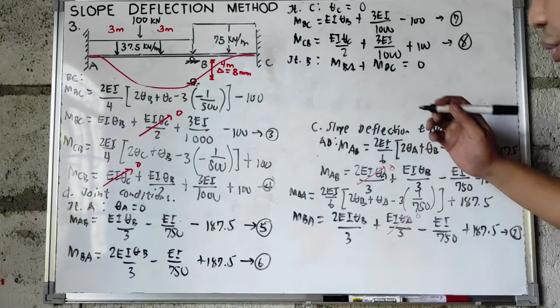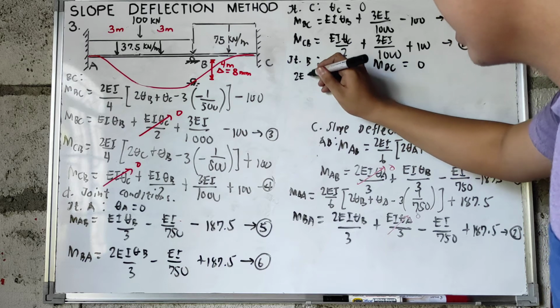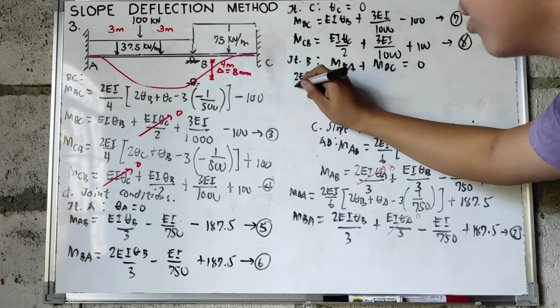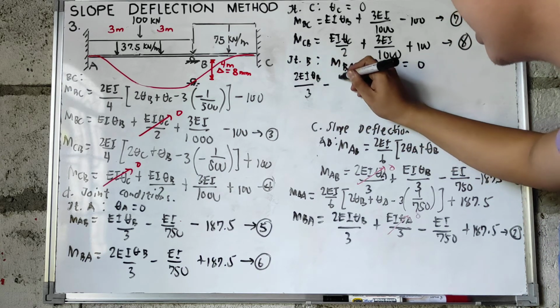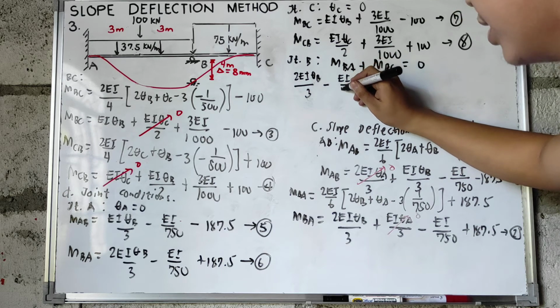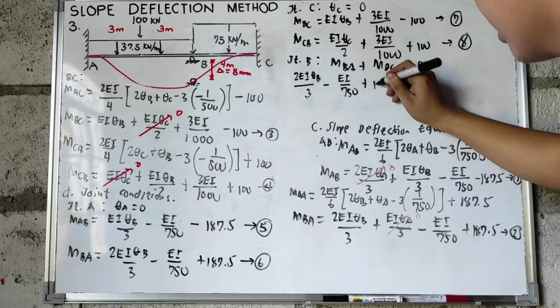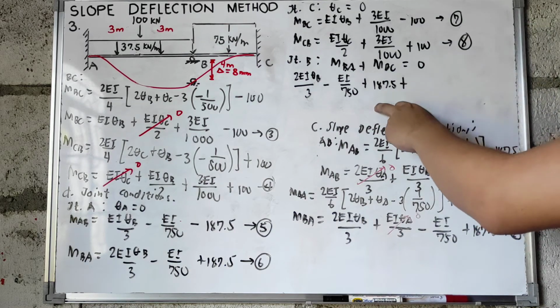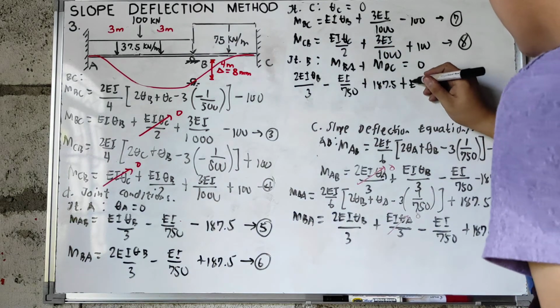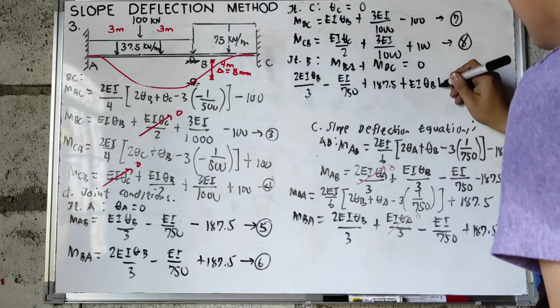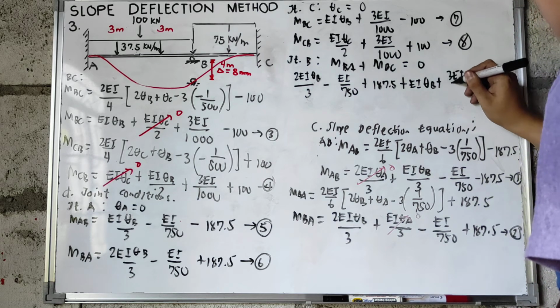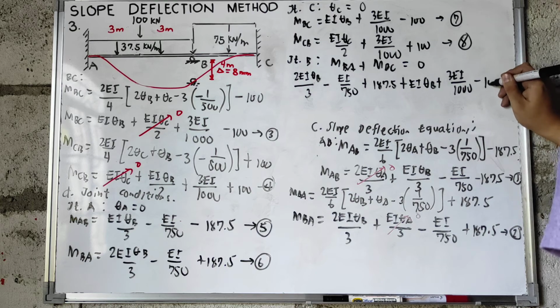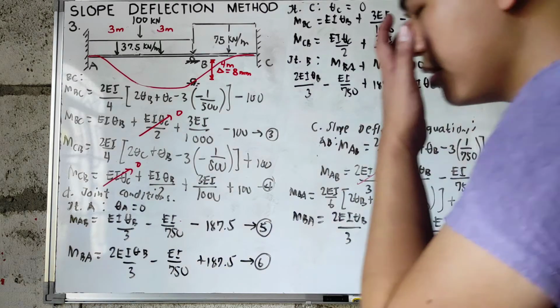So, we will have 2EI theta B over 3 minus EI over 750 plus 187.5 plus the value of your MBC, EI theta B plus 3EI over 1,000 minus 100 is equal to 0.